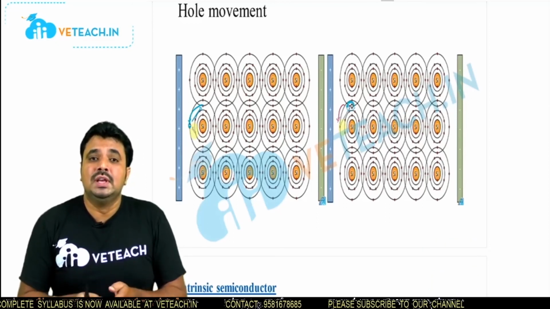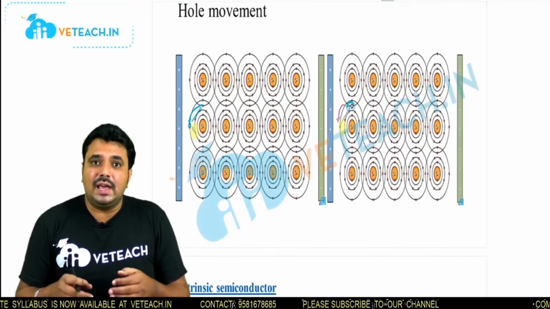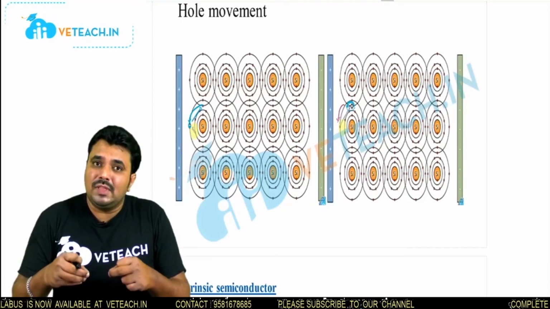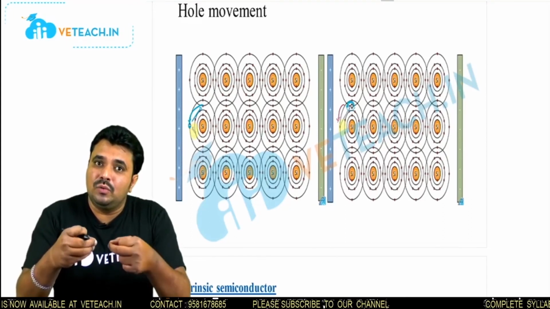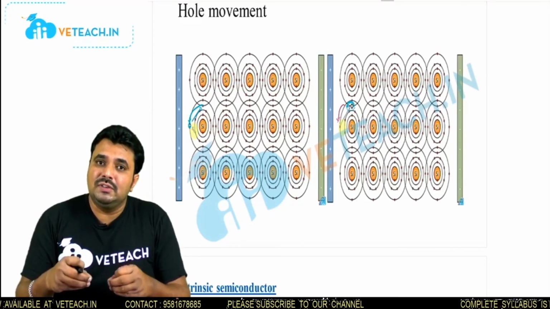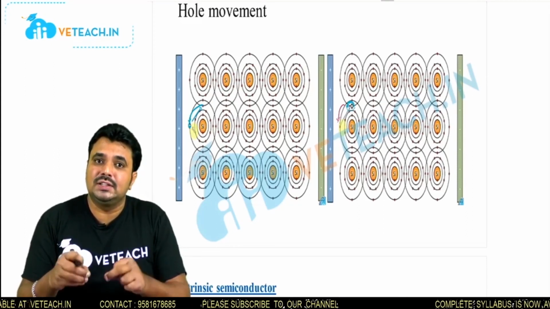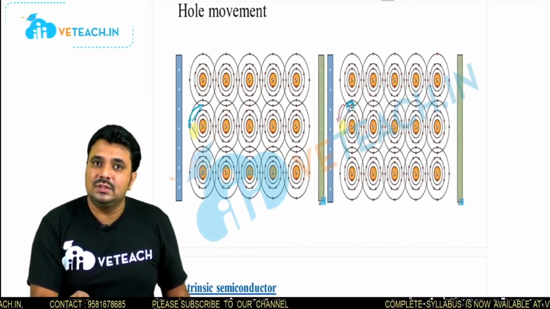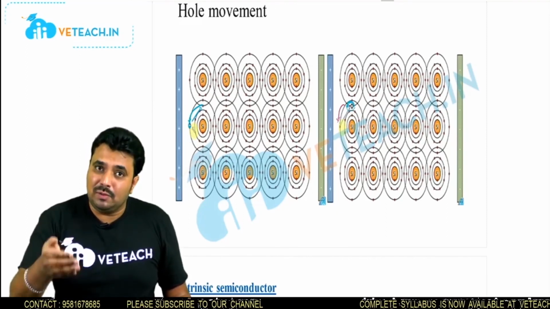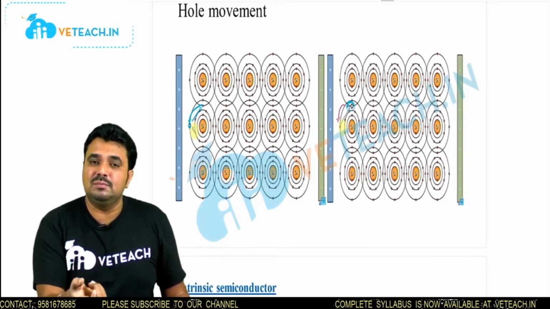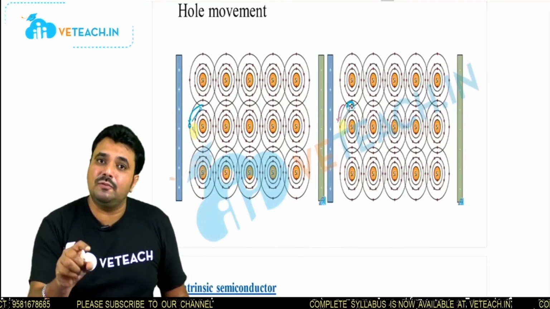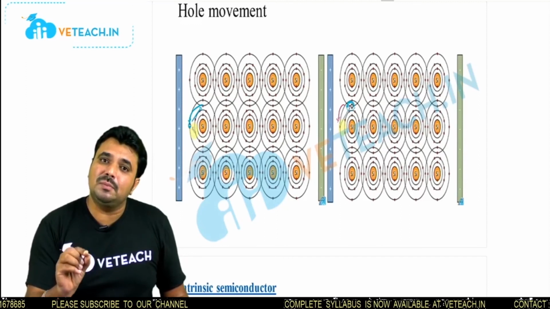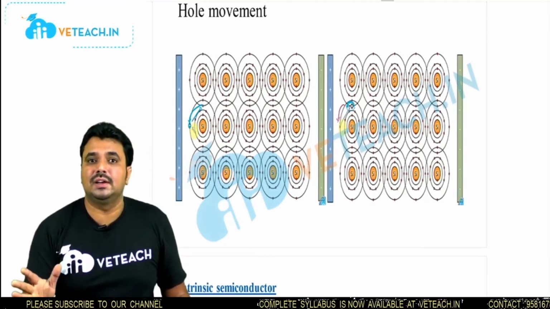This entire process is called recombination, and due to that the valency electron moves towards the conduction band. That's why we can say it is allowing some electricity. Initially the semiconductor works as an insulator, but it has some energy gap. If you fulfill that energy gap, the semiconductor material will work as a conductor. Thank you.